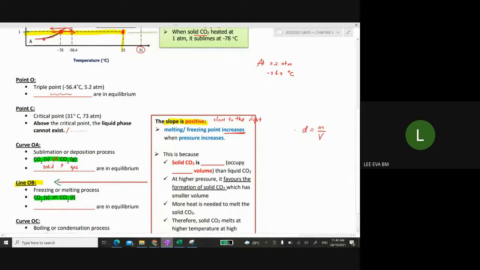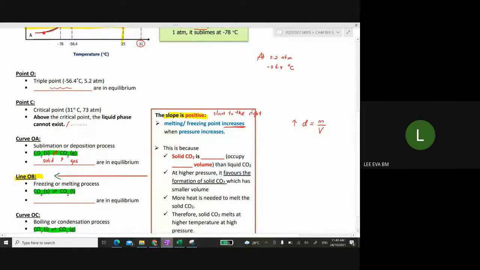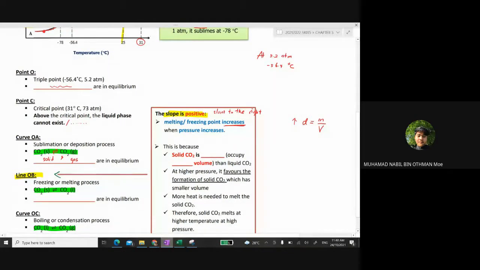If you say solid carbon dioxide has a higher density or is denser, what happens to the volume? Smaller, because in solid carbon dioxide you have closely packed particles. The particles in a solid have fixed positions, rigidly packed.